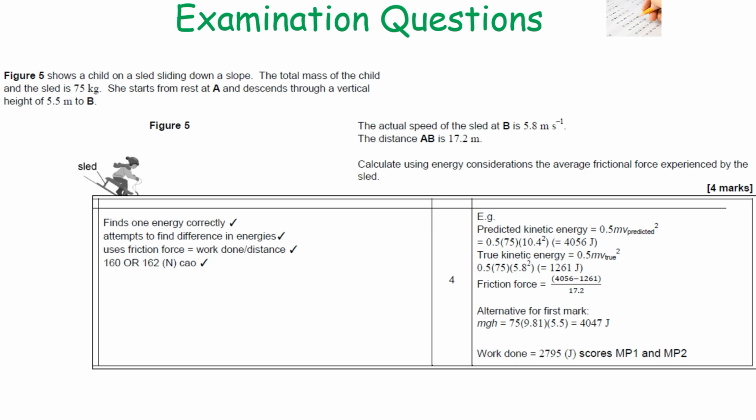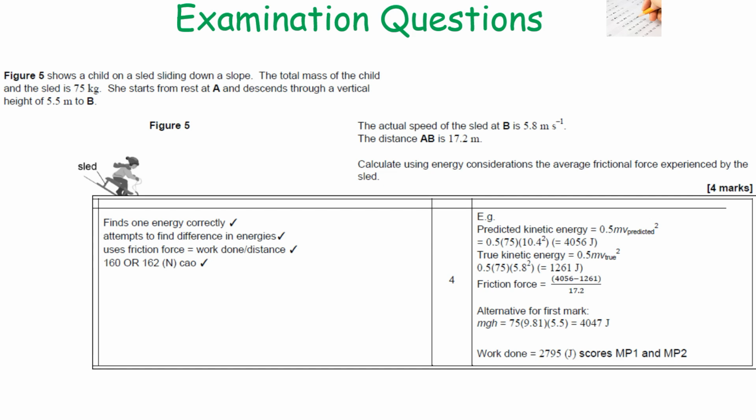So therefore the work done due to friction must actually be the difference between the two values. So it's 4,056 minus 1,261. So that's going to be our work done due to friction. We can therefore say force is equal to work done divided by distance or displacement, because we know that work done is force times displacement.